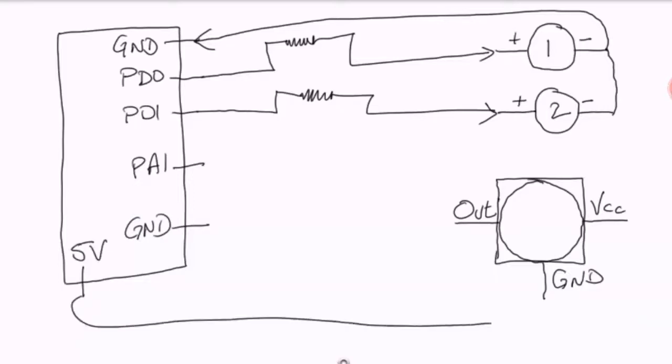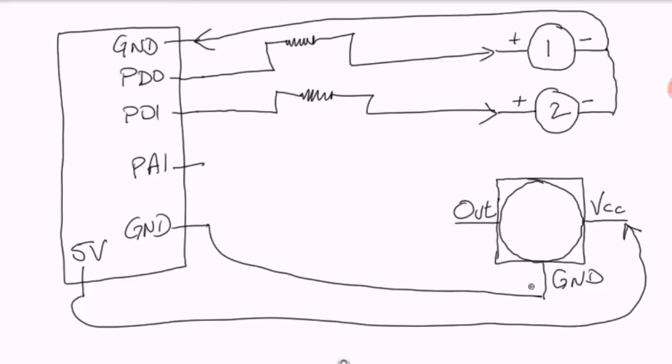Now we will connect the 5 volt pin to VCC and connect the ground pin from the discovery board to the sensor module. And we will connect the output pin from the sensor module to the PA1 pin on the discovery board. So this is the final circuit that we will build now, and then write the program for motion detection.